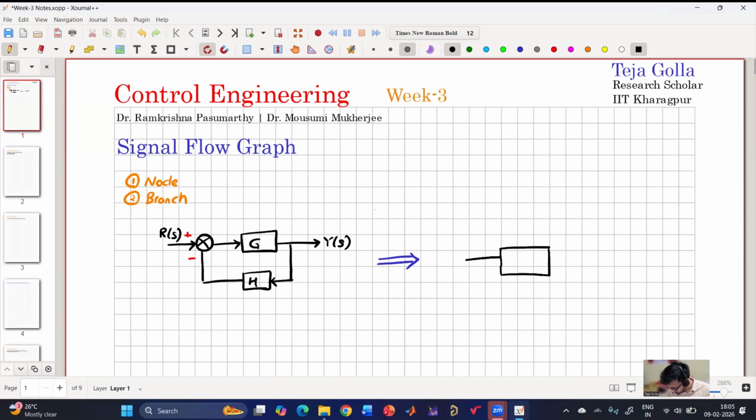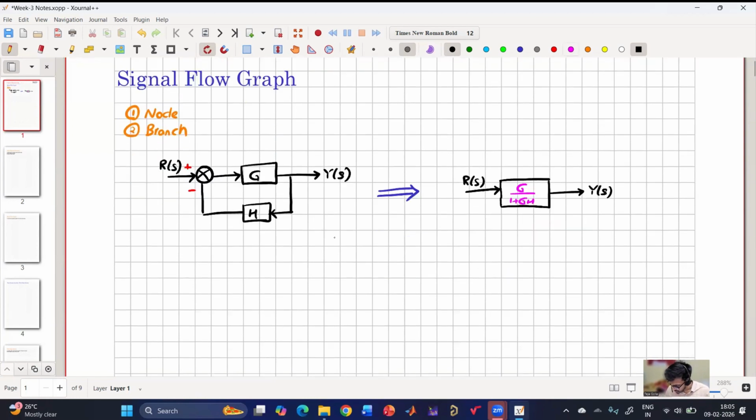So we have our block diagram, which is what you mentioned, G by 1 plus GH, with output Y of S and input R of S. This is called block diagram reduction.